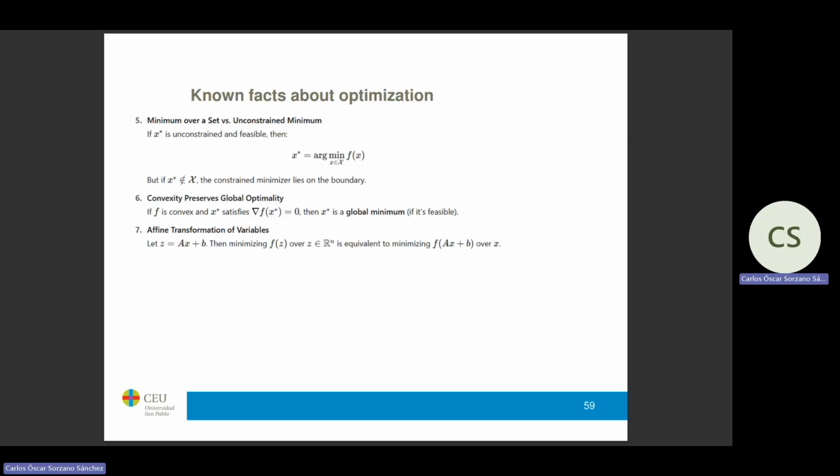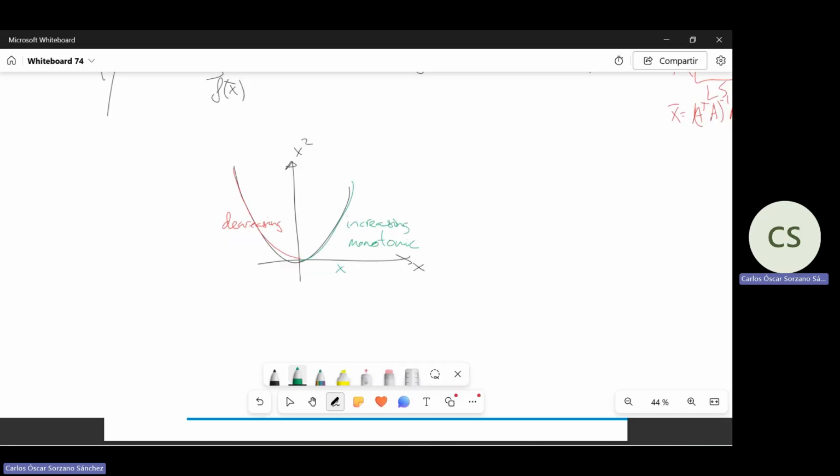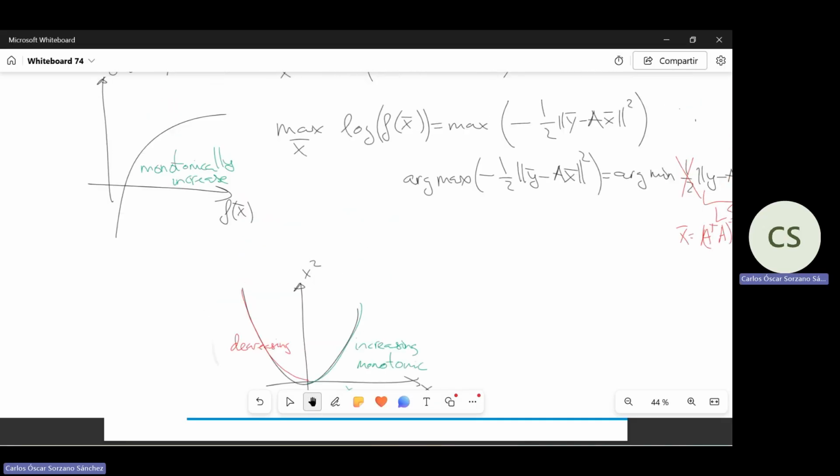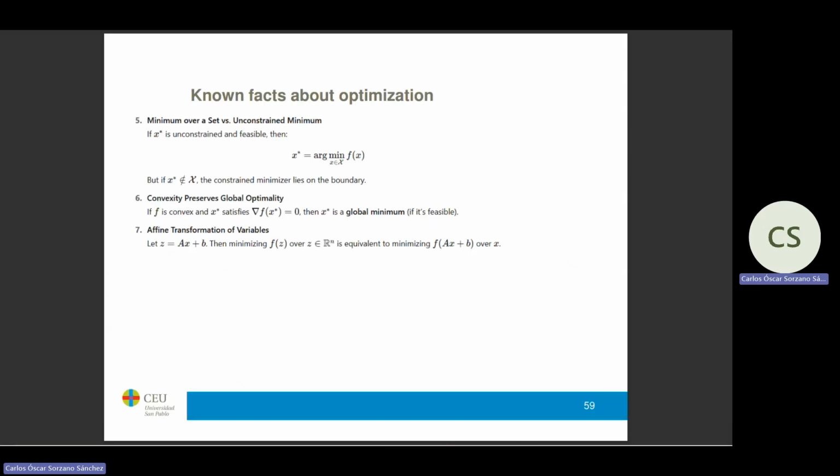We did something similar with monotonically increasing functions, which transform the problem into something easy. So we transform this difficult problem into something that is pretty easy. It's not the same transformation, but it's the same idea.